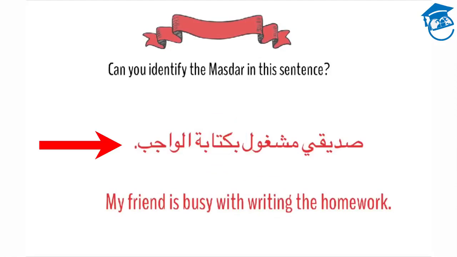Earlier, I mentioned that masdars are almost always definite. Can you tell me if this masdar is definite or indefinite? It's definite because it's part of an idafa. You know it's part of an idafa because you have 2 nouns separated by an alif lam.